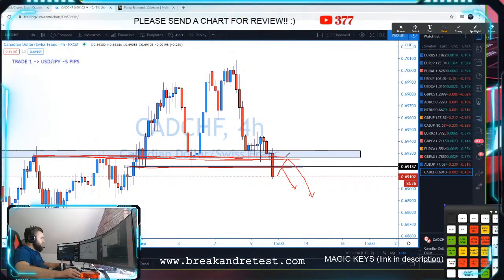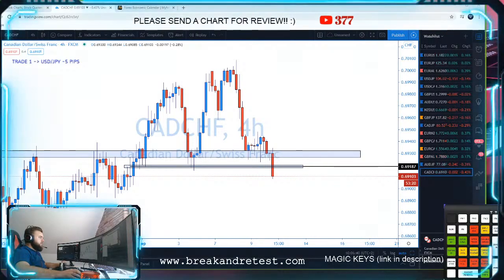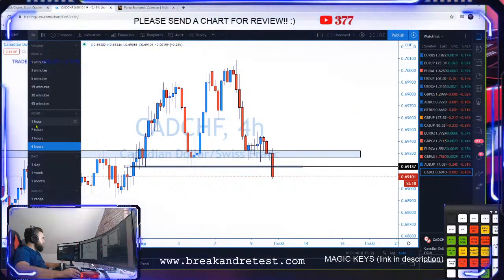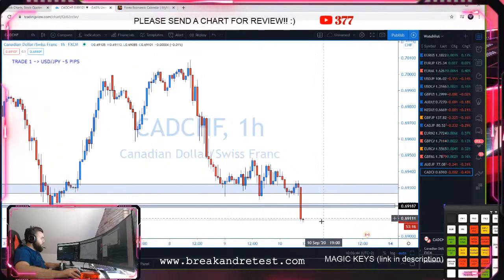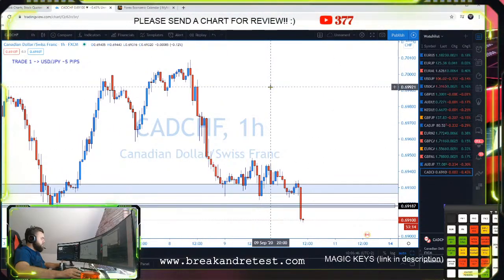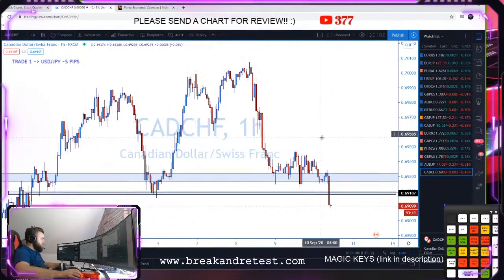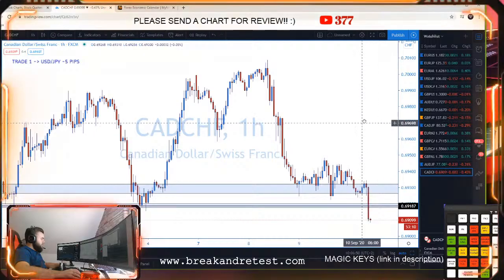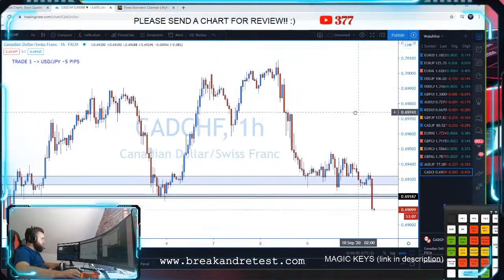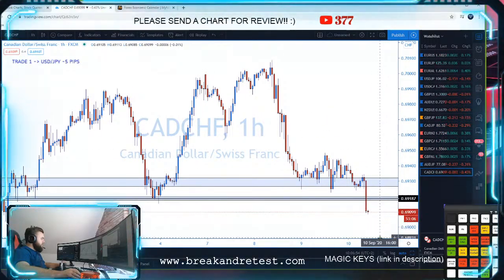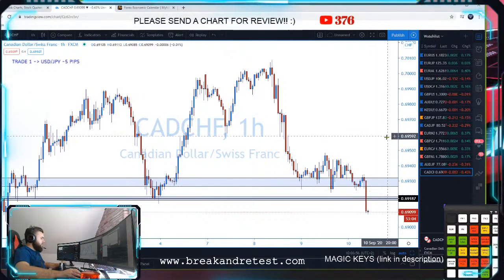Don't be surprised if it comes deeper, so we'll have to wait and see. We need the retest without making the move first, because that would be done after. So we need the retest then the move, not the move first then comes for a retest, because that's always risky.